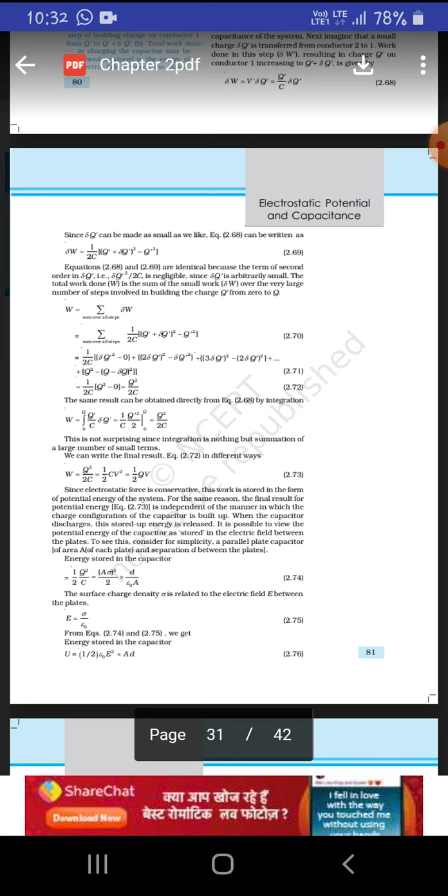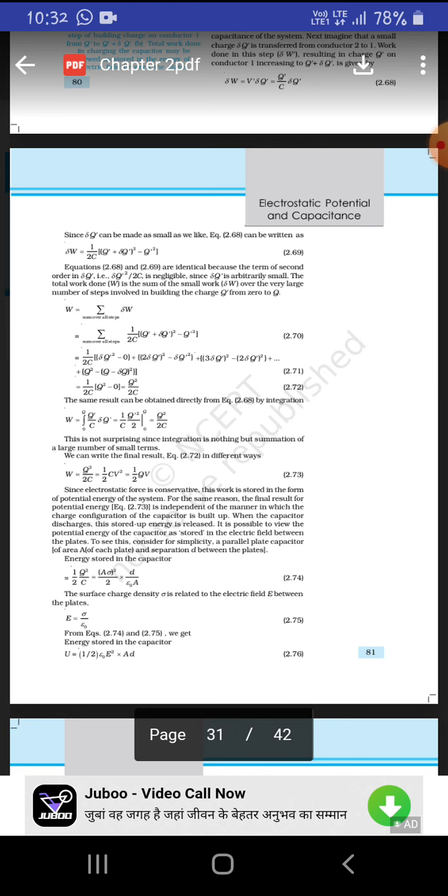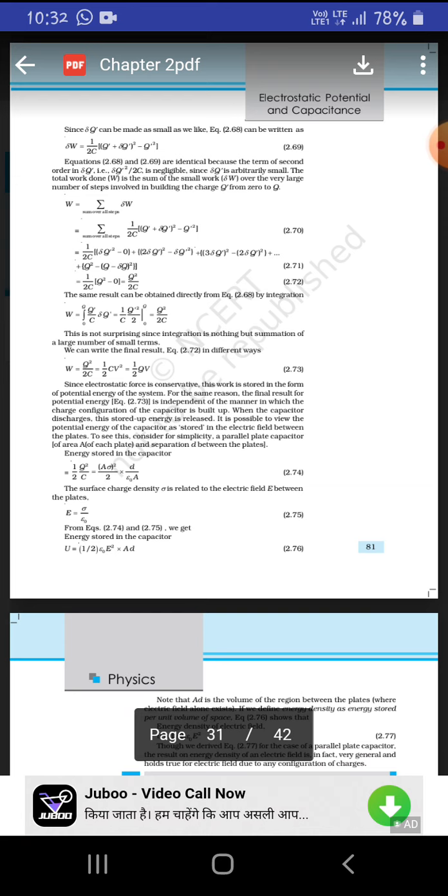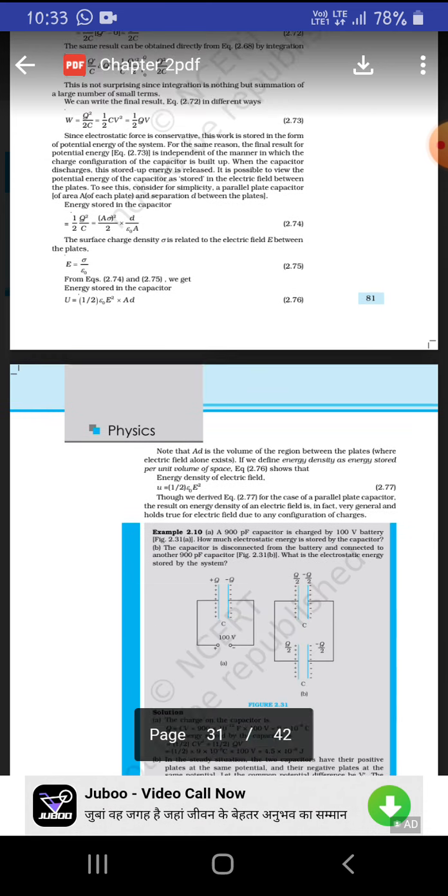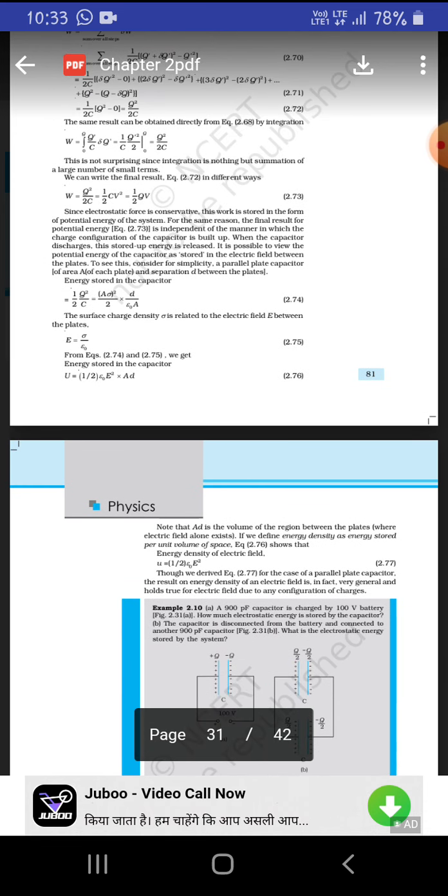So let's take both formulas on one side, and the work done is equal to q squared by 2C, which is equal to 1 by 2 CV squared, which is equal to 1 by 2 qV. And E is equal to sigma by epsilon naught, the formula for the field between the surfaces.